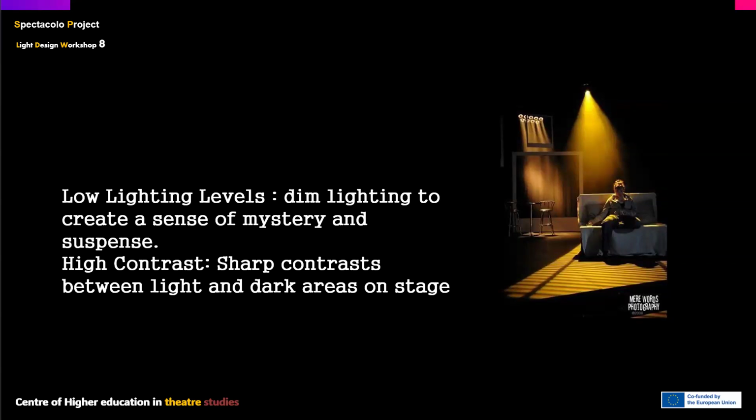Also, there is a window where this light passes through, and we have this effect on the floor. So this technique helps to emphasize certain character or action while keeping other areas concealed, adding to the suspense.